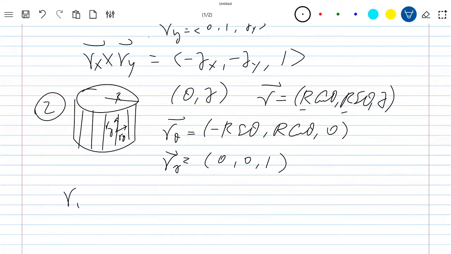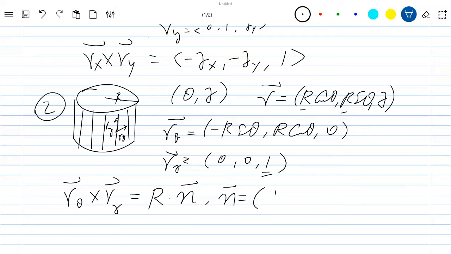So if you take r theta times rz, because this one is pretty simple, it will be just r times the n vector. And this n vector is a unit vector. It's just cosine theta, sine theta, and 0.